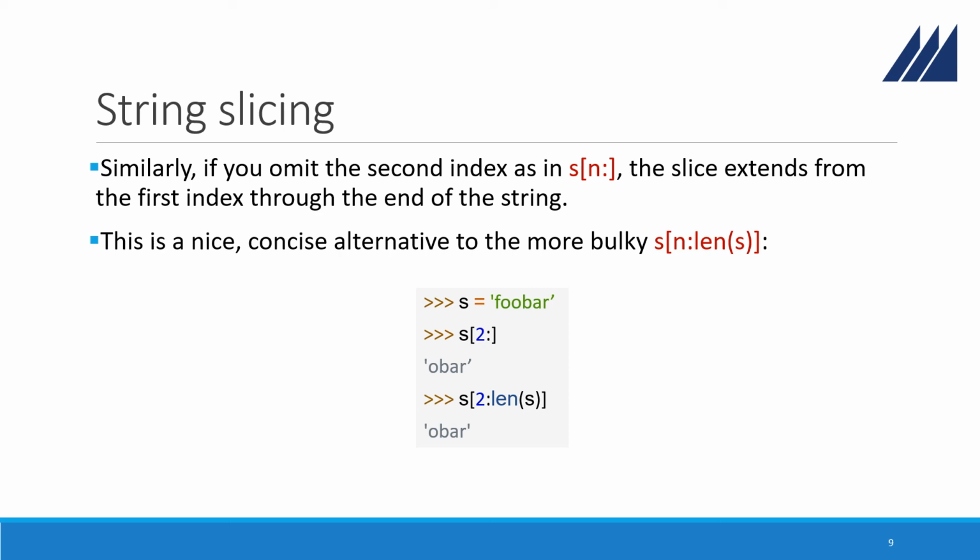It's very similar to saying start from index 2 to the length of my string. And remember, with 0-based indexes, we start from 0 all the way to the last character, which has index length minus 1.